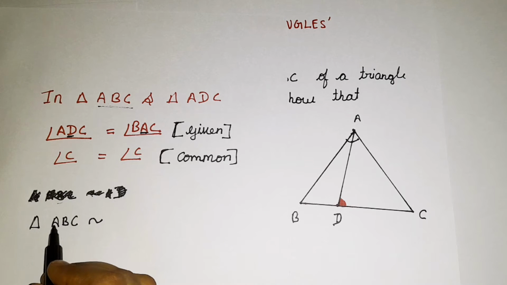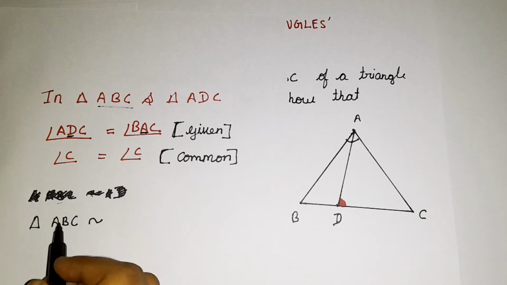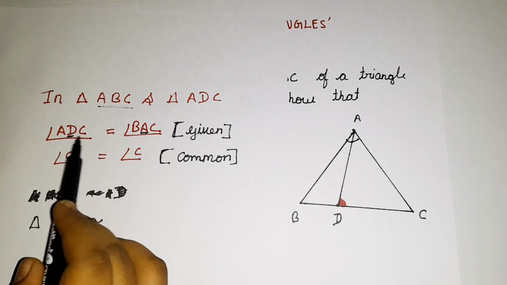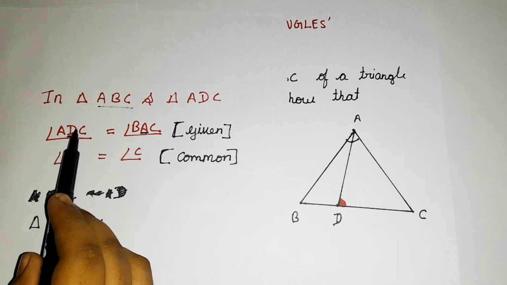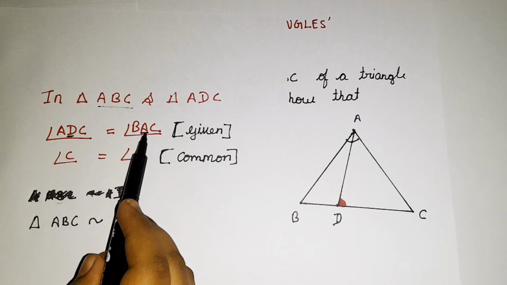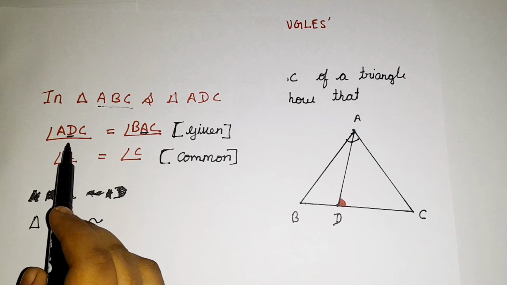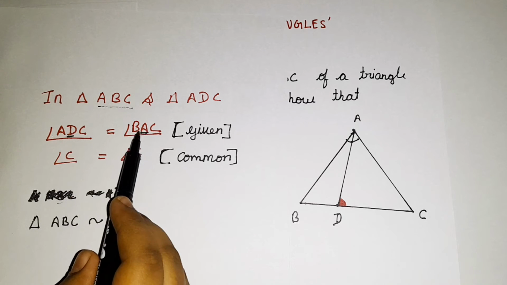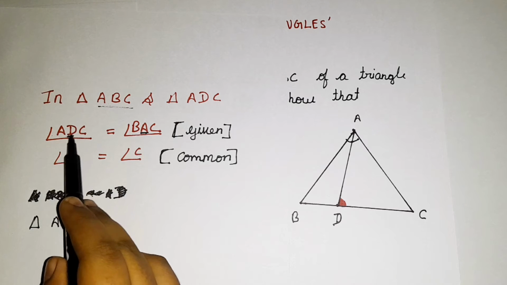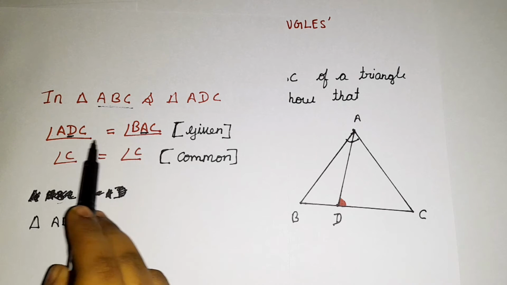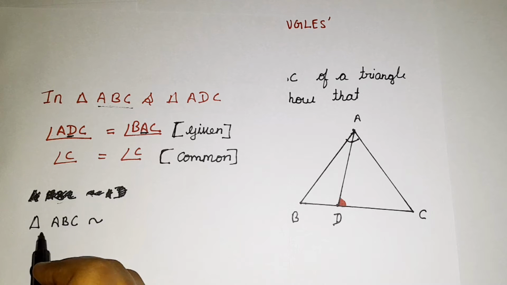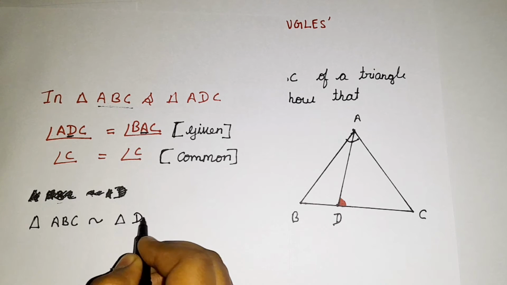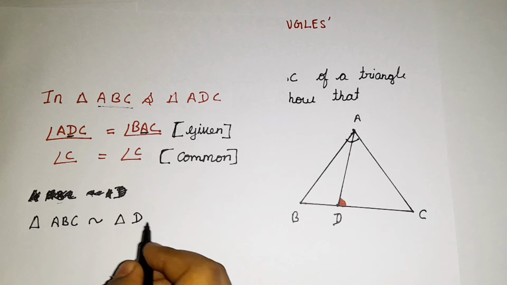Since here it is ABC, the first angle is A. We had already written that angle ADC is equal to angle BAC. Here the middle one is D and here the middle one is A, so what they are representing is that angle D is equal to angle A. That means if I take triangle ABC, then I am supposed to write triangle D and two more letters.